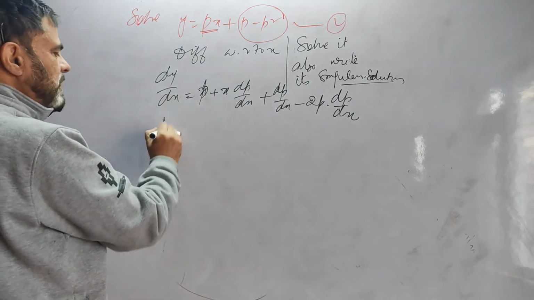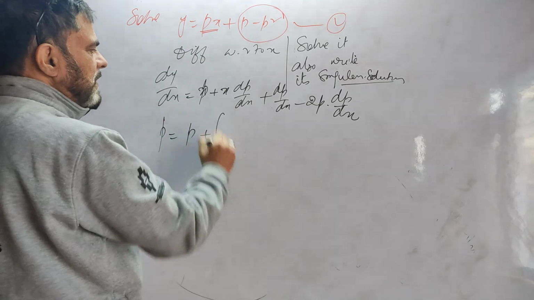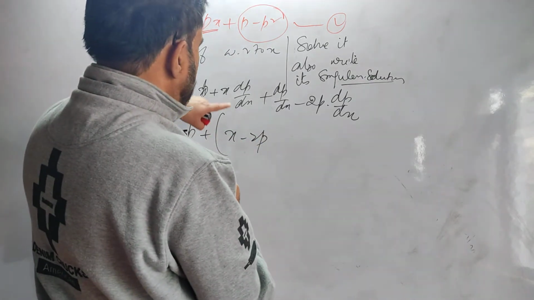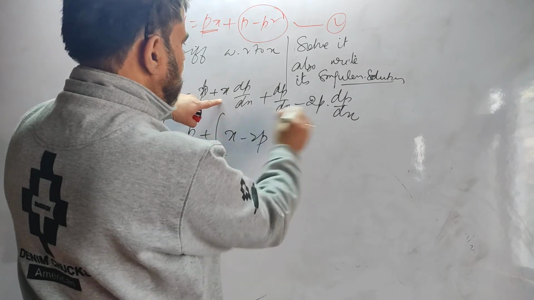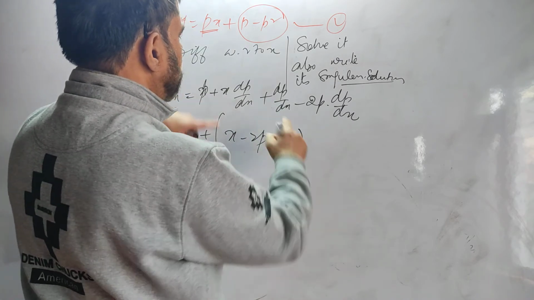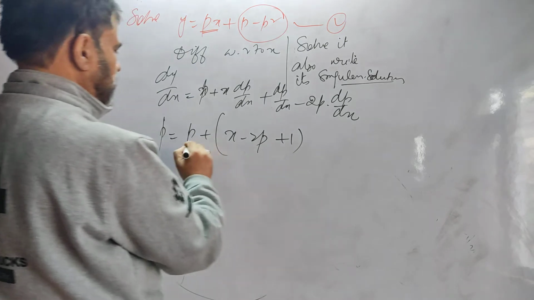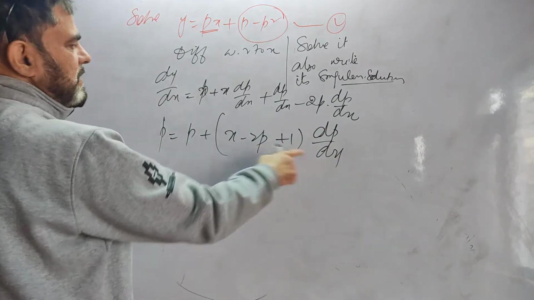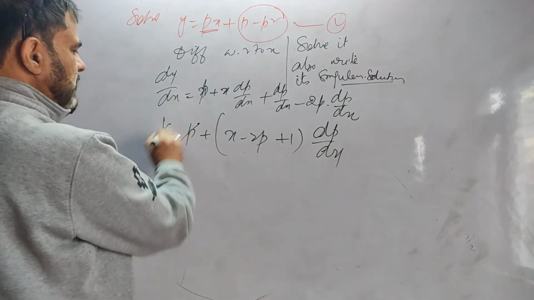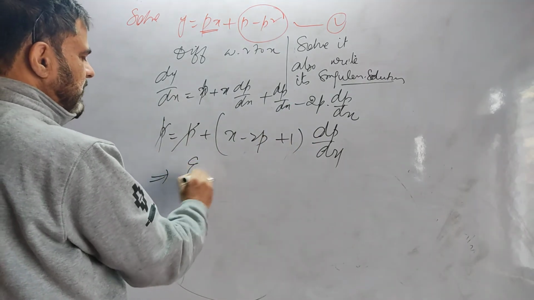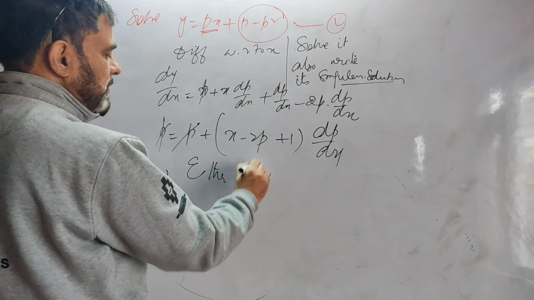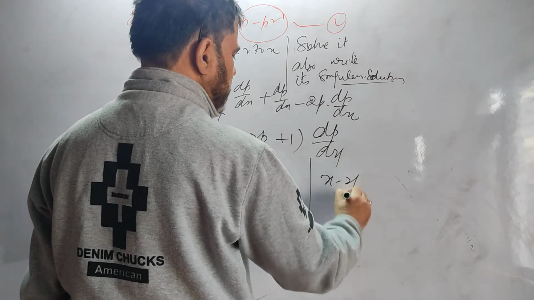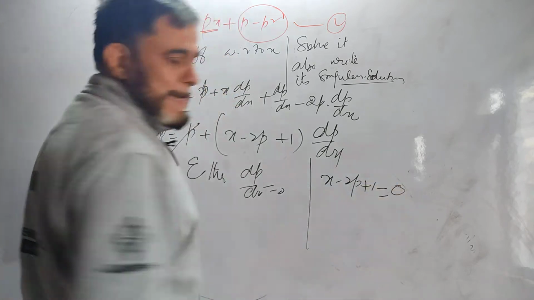This gives you p is equal to p plus x minus 2p plus 1 into dp by dx. It is dp by dx and this dp by dx. This implies that either you have dp by dx equal to 0 or you have x minus 2p plus 1 equal to 0.